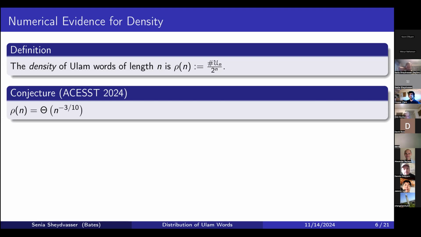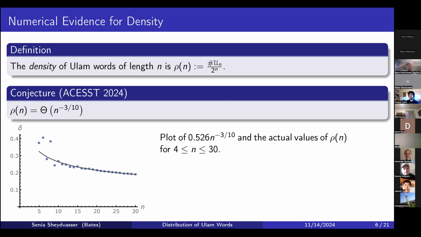And our best conjecture based off of the data that we've managed to collect is that this density should be on the order of n to the power minus 3/10. And here's a graph of this. This is a plot of rho of n, which are the dots, for n between 4 and 30, and also a best fit curve, as far as we've been able to get one, which is 0.526 n^(-3/10).